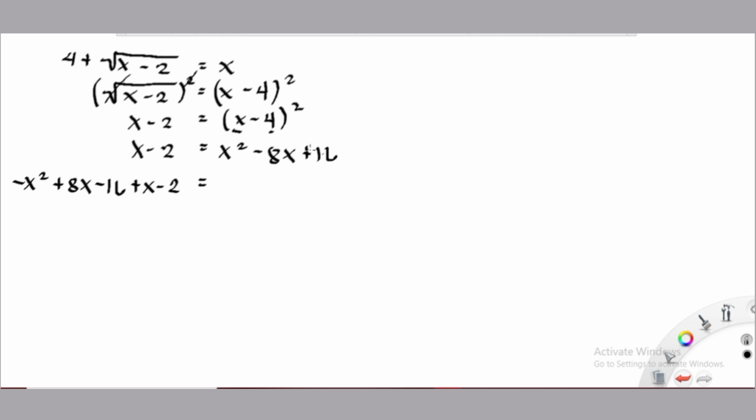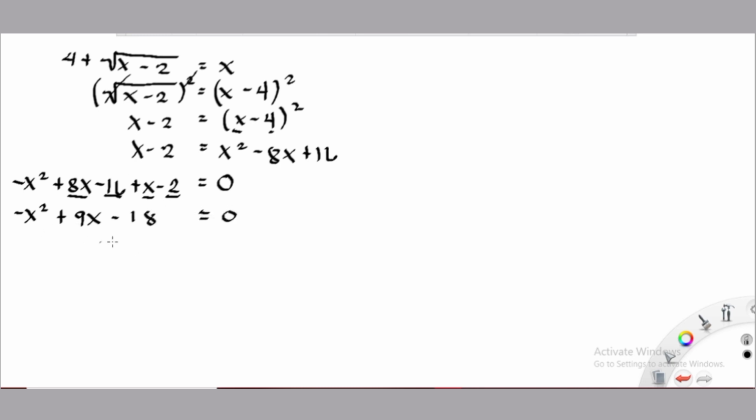Nothing is left on this side of the equal sign, so we will write 0. Now, combine similar terms. Let's copy negative x squared, it has no like term. We can combine 8x and x, so 8x plus x is 9x. And then negative 16 minus 2 will give us negative 18. And then copy equals 0.